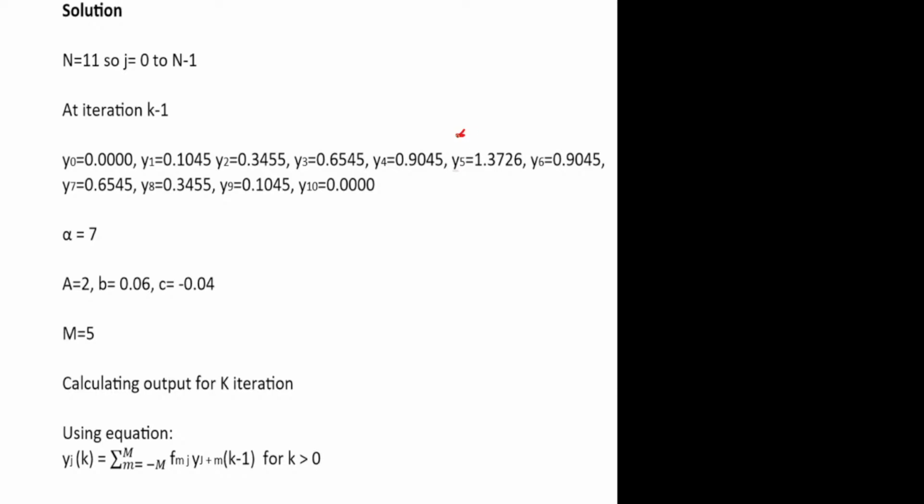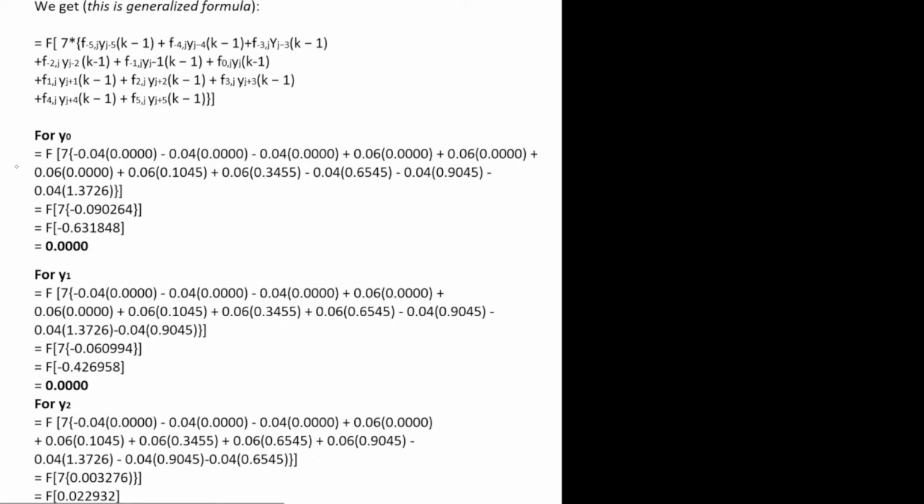So if you start from minus 5, this is the point where it's going to stop, plus 5. Okay, and the outermost region is going to be the inhibitory region, those are the negative values, and the innermost region is the excitatory value. If you think like that, let's look at the example here, like y0 here.